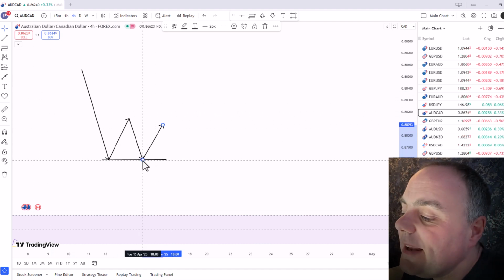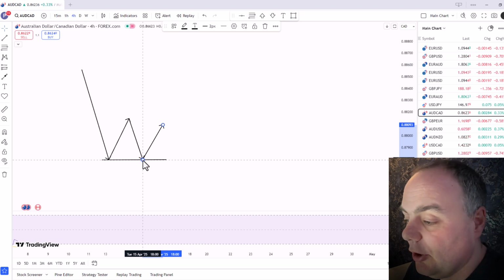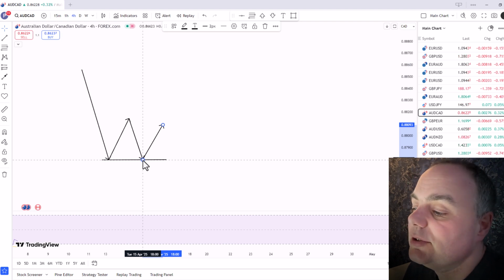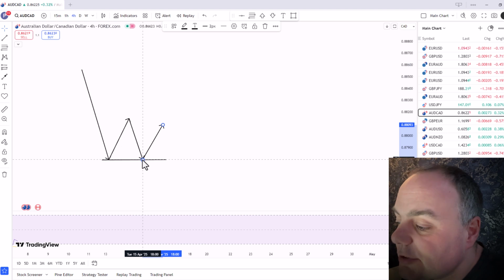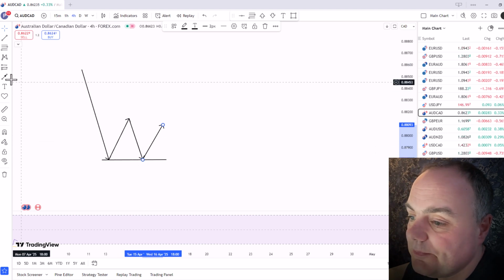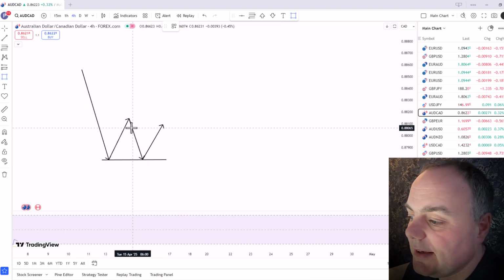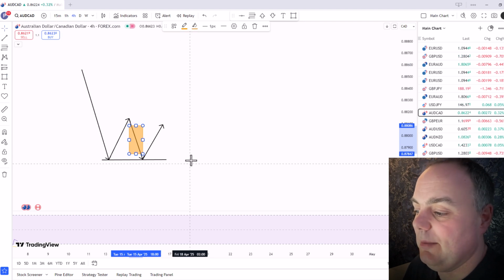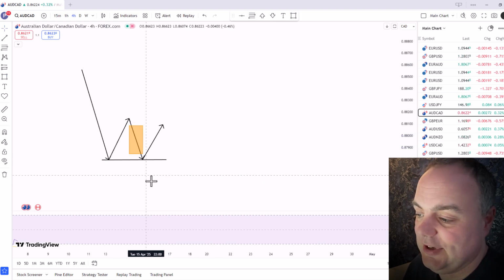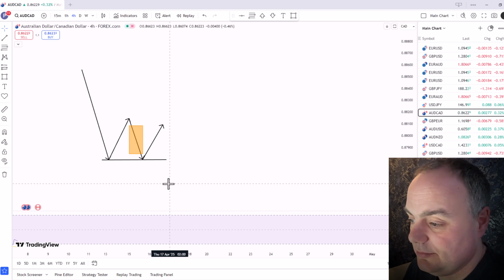But the probability of there being more traders now switching position from short to long, from bearish to bullish, is higher at this structure point than it is anywhere previously on that move, which I've just roughly shown with my yellow box there.